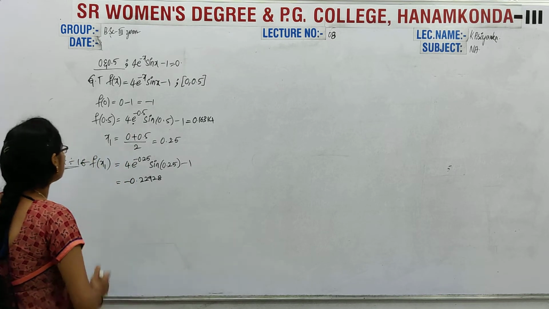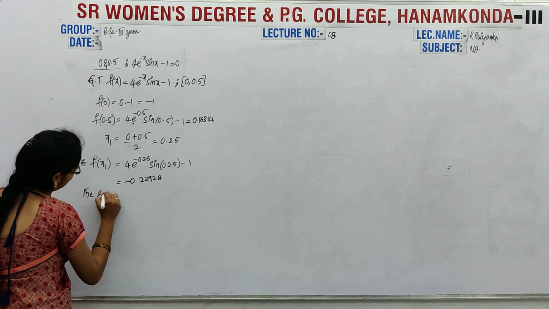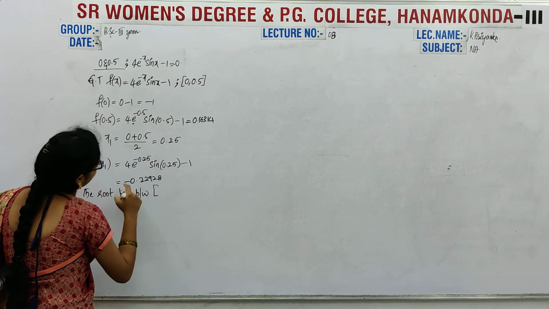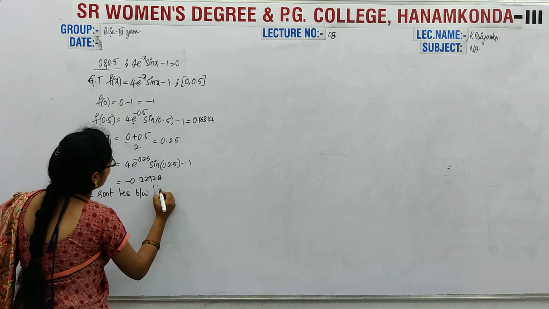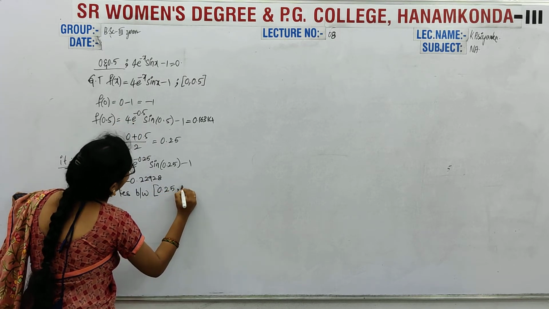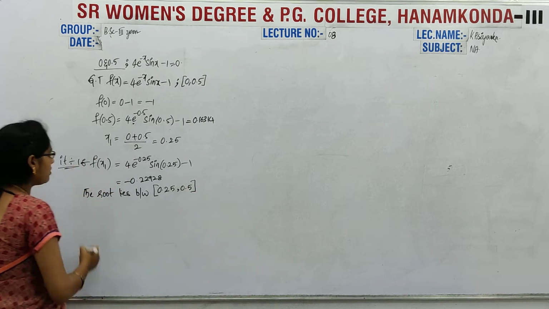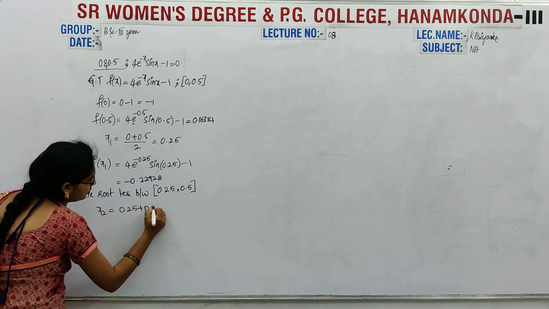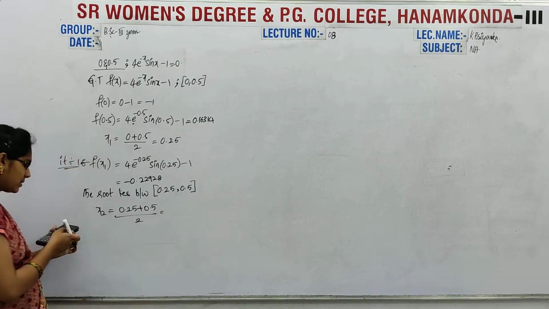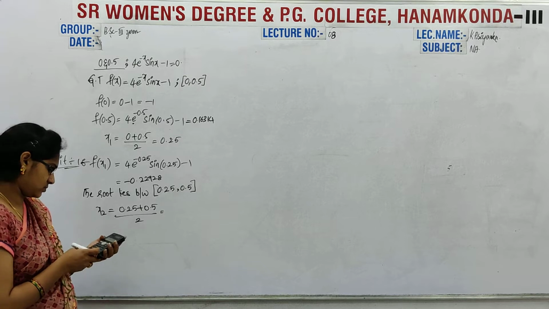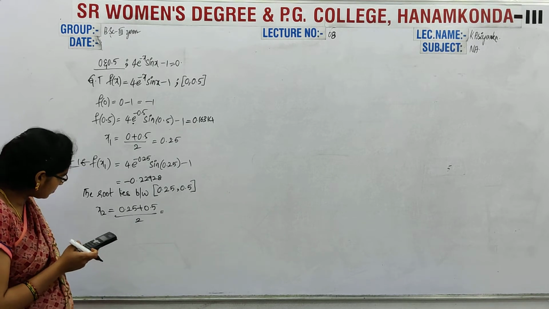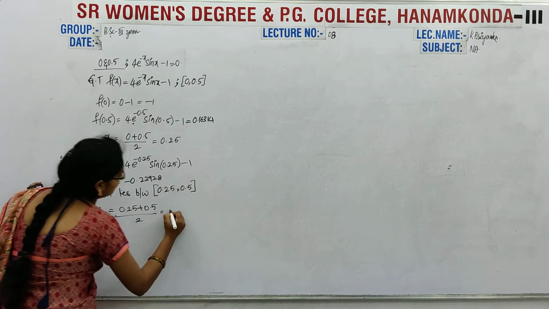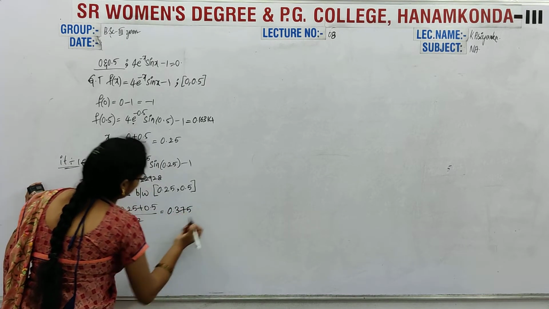Negative number means therefore the root lies between 0.25 and 0.5; we have to ignore 0. Now what we have to calculate, x2 = (0.25 + 0.5)/2. Now calculate it. 0.375.